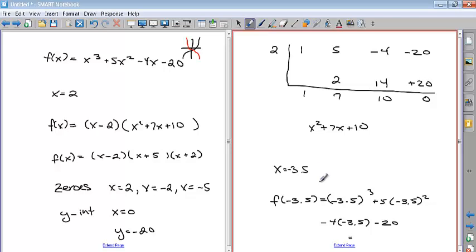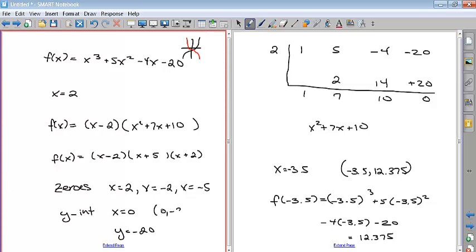So I get 12.4 approximately. It's 12.375. Okay. So here I've got the point negative 3.5 comma 12.375. Down here I've got the 0 comma negative 20.